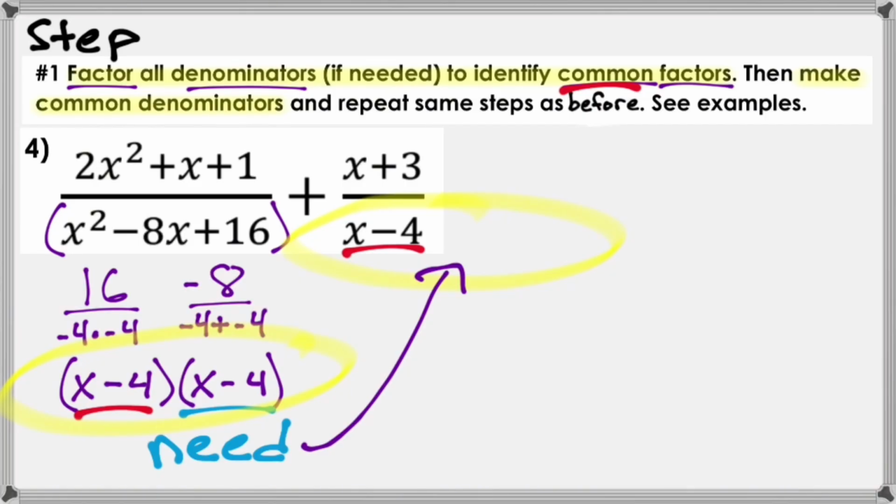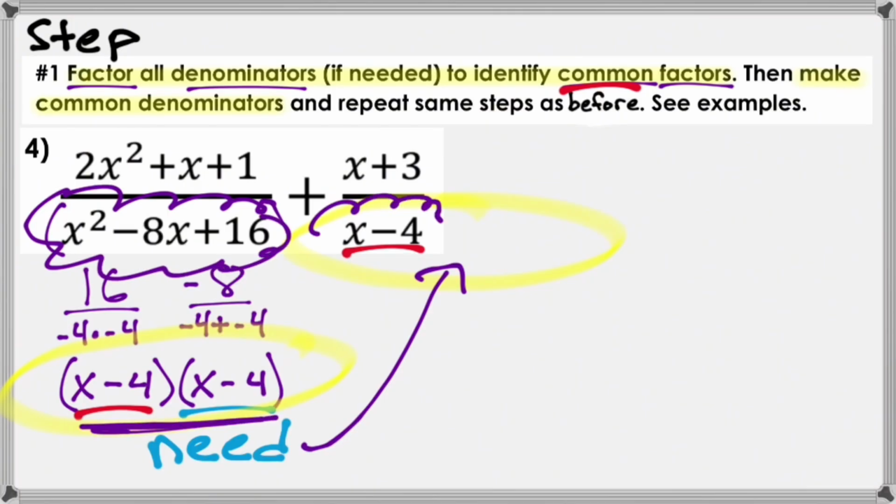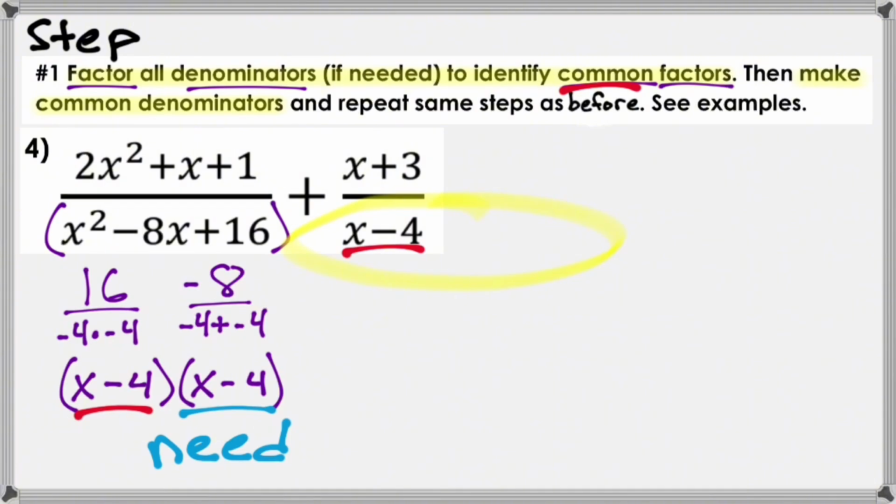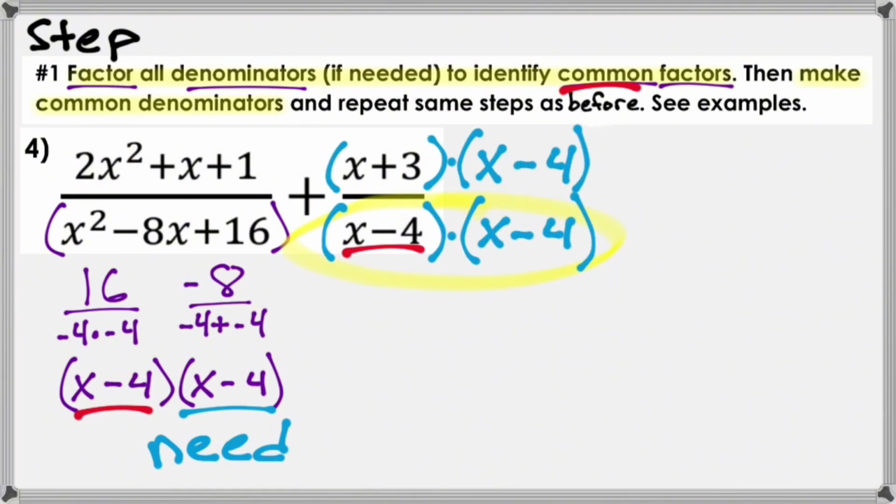And since the first expression had 2 copies of x minus 4, and the second expression only had 1 copy of x minus 4, we need to give the second expression another x minus 4. And whatever you do to the denominator, you have to do to the numerator. So we're going to multiply by x minus 4, and then we're going to also do that in the numerator.